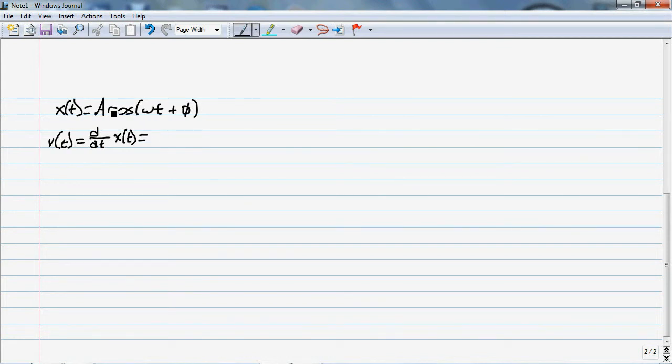I'm going to have to use the chain rule, so we have the constant a, cosine, its derivative is the negative of sine, then I have to take the derivative of what's inside, and that's just going to be omega.